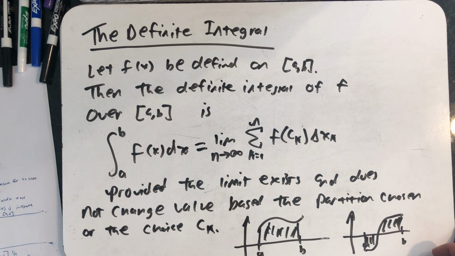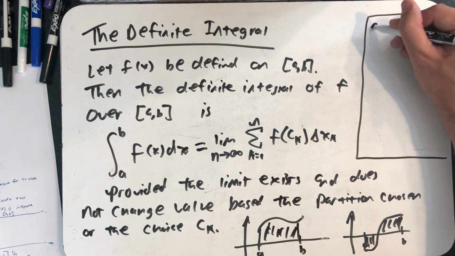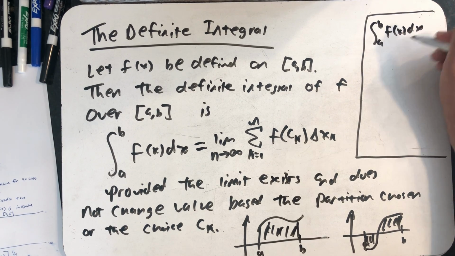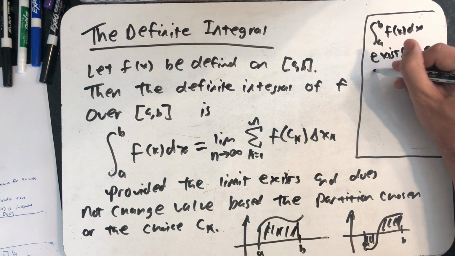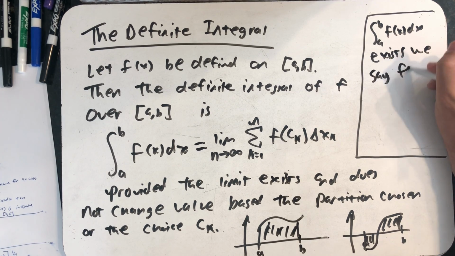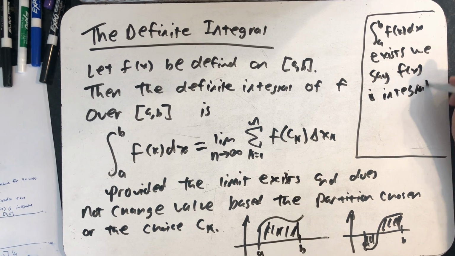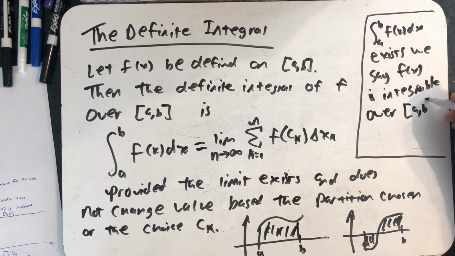Now, we will learn some kinds of functions where we don't have to worry about that, some functions that we know are integrable. And that's a good word to write down here: when this limit exists and the integral from a to b of f of x dx exists, we say that f of x is integrable over the closed interval [a, b].